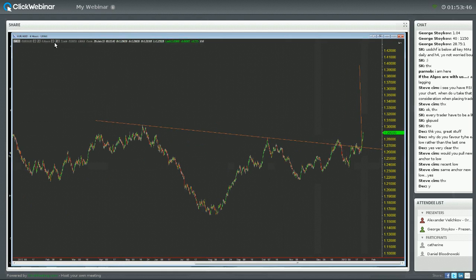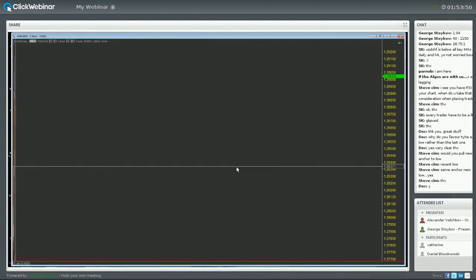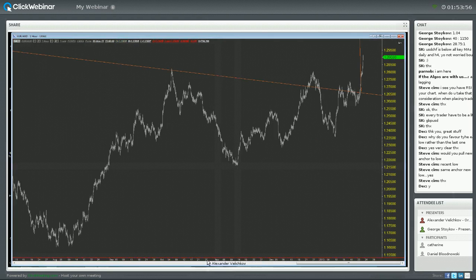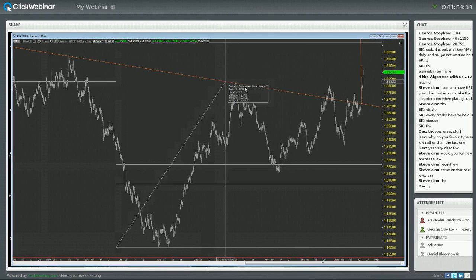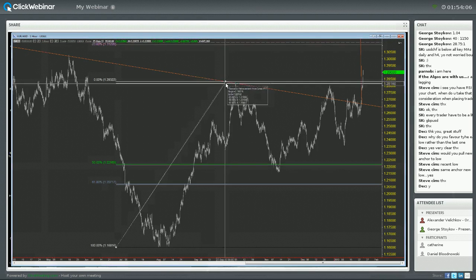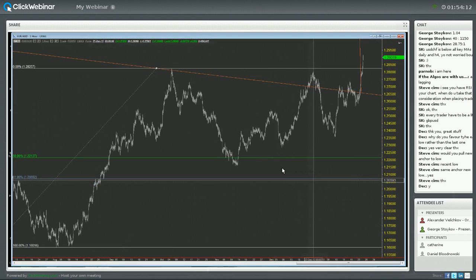We can zoom in maybe on a 1 hour graph and have a look at what's going on regarding Fibonaccis. So this is the first traditional that we held, as you can see, almost perfectly for such a big retracement.